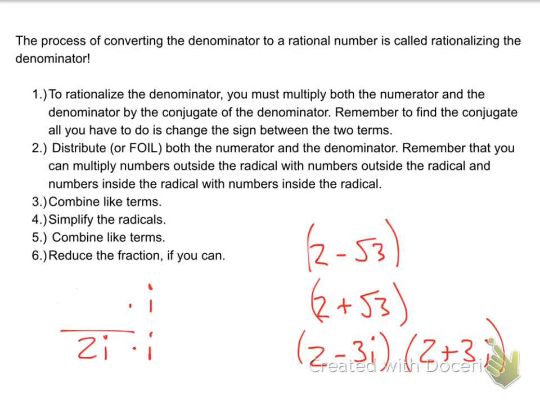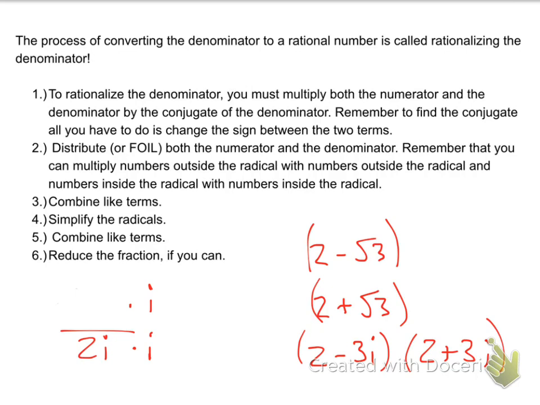So we multiply top and bottom, numerator and denominator, by the conjugate, if needed. You're going to distribute, FOIL those numerators and denominators. Make sure that numbers outside radicals stay outside radicals. With a square root times a square root, you can multiply those inside. Then combine your like terms. Simplify your radicals.